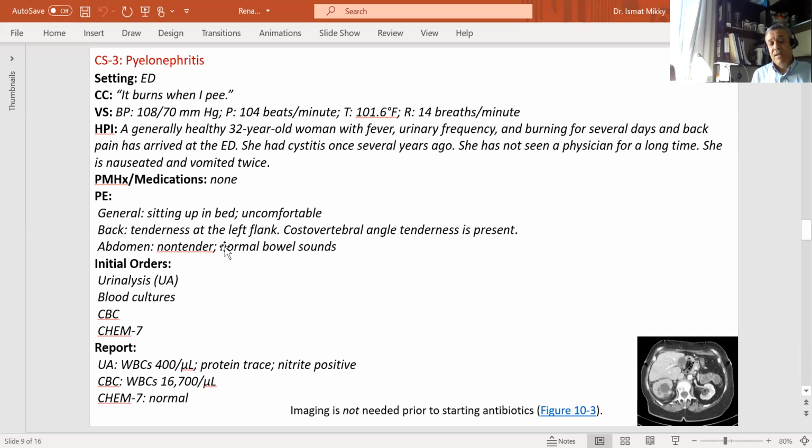So pyelonephritis will be dysuria plus urinalysis white blood cells plus flank pain. Dysuria, urinalysis white blood cells plus suprapubic pain, that's cystitis.